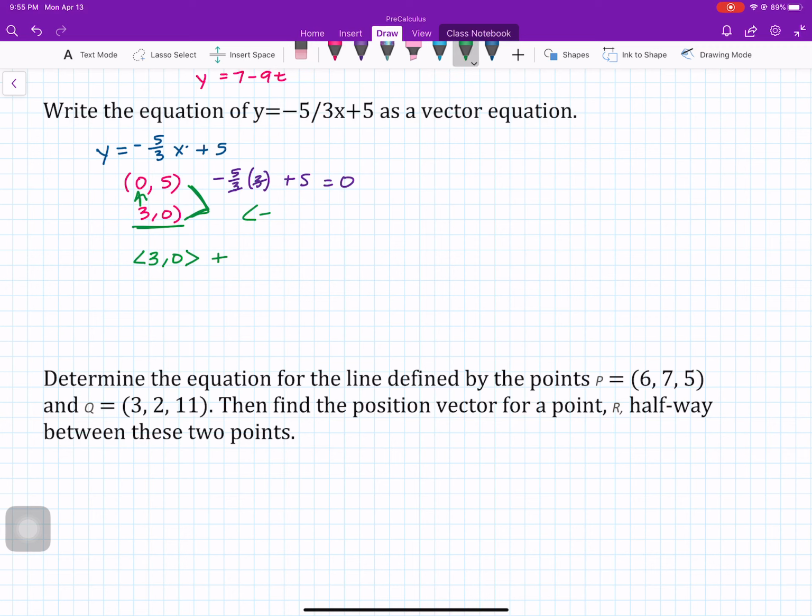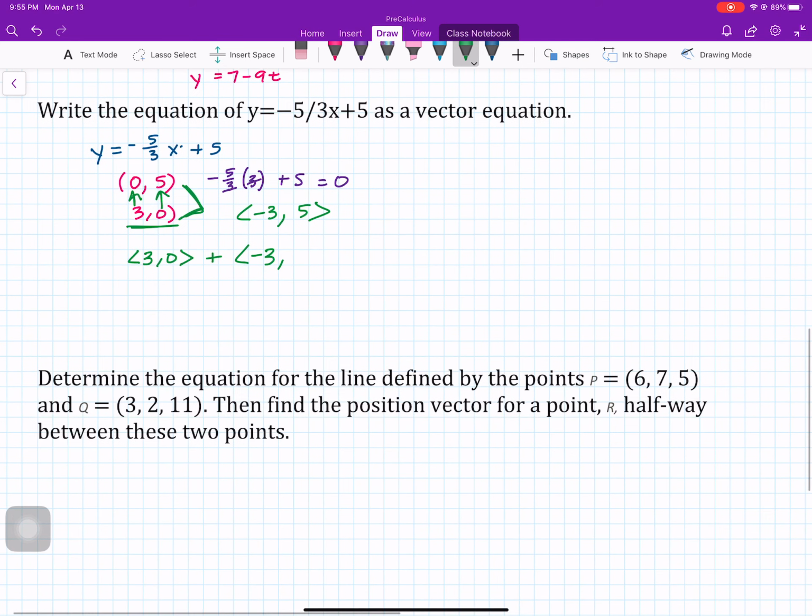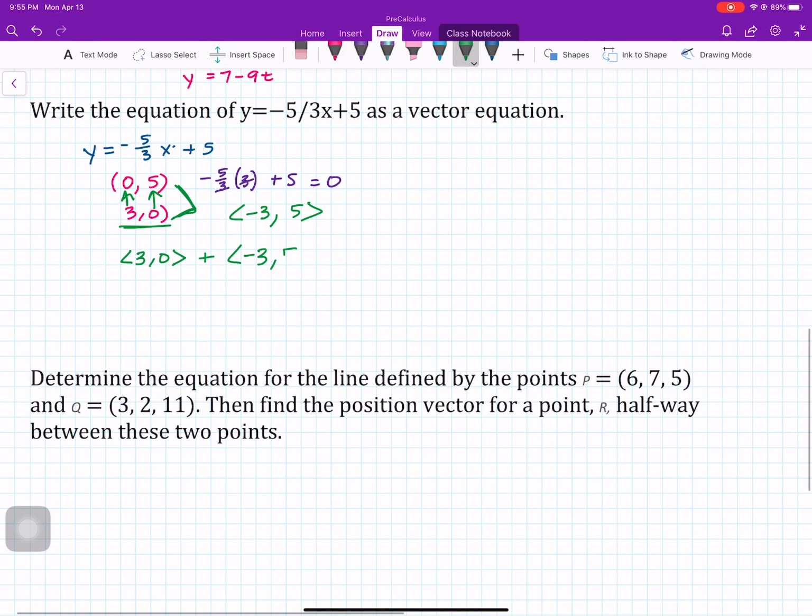So I'll go 3 to 0, so that's negative 3. And then 0 to 5, that's positive 5. You do want to stay consistent when you're doing your vectors. So if you decided that this is your starting point, then you want to make that be the initial point in the vector as well. It's going to make the math a lot simpler.